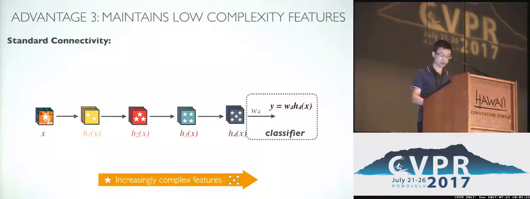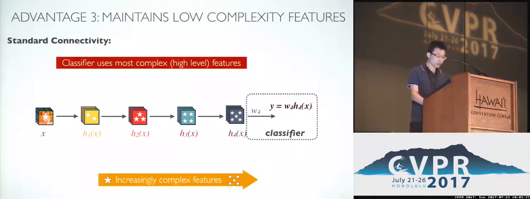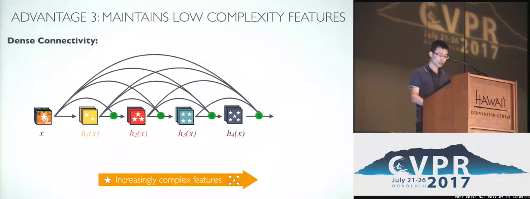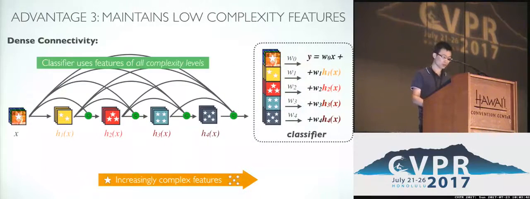In a standard ConvNet, the final classifier is built on top of the last convolutional layer, which produces the most high-level features and also the most complex features because it composes many nonlinear transformations. In a DenseNet, the classifier depends on features from all complexity levels, and it uses both complex features and simple features.